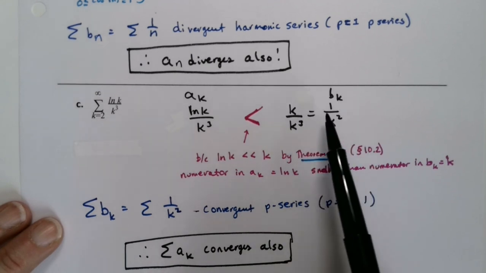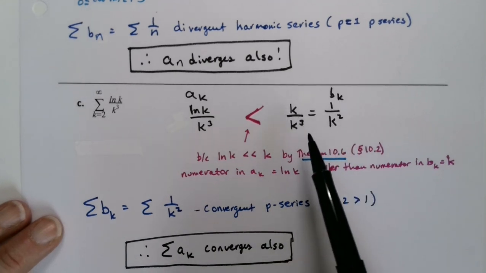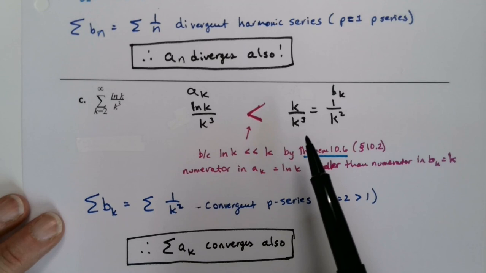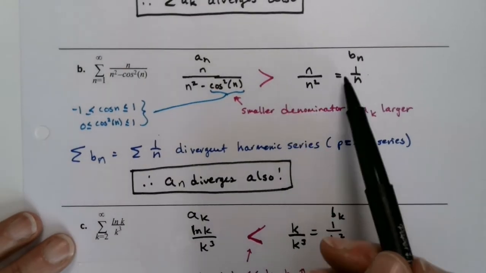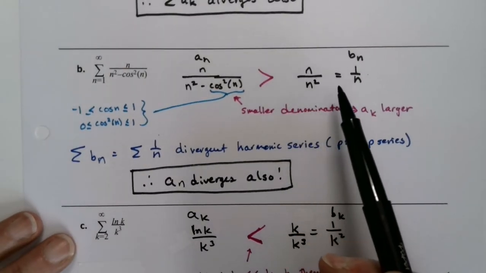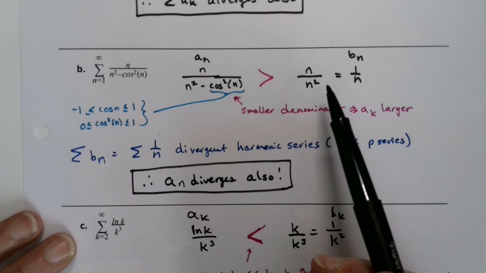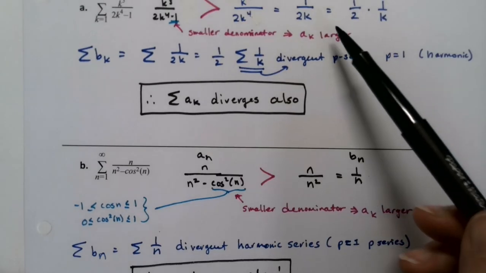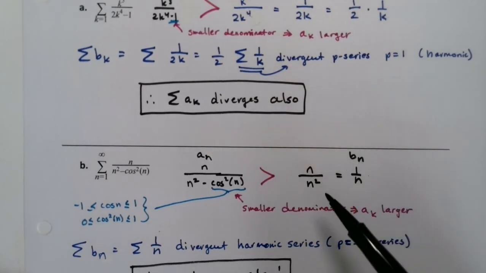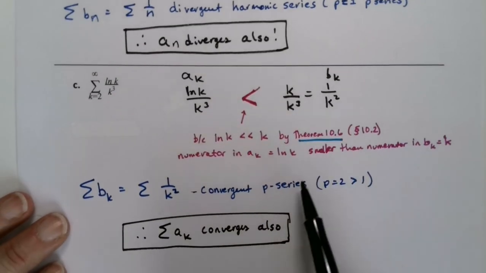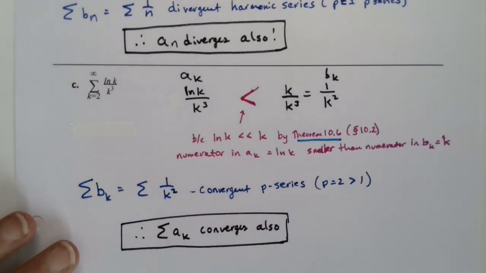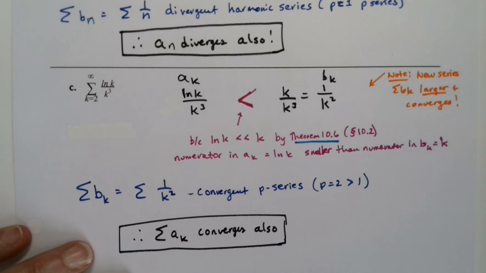If the new series diverges, it's useless, and you have to go back to the drawing board and find something else. If the new series is smaller and it converges, useless. Doesn't do anything for you. So you have to have the new series be smaller and diverge, or the new series be larger and converge. I'll actually make a note of that.